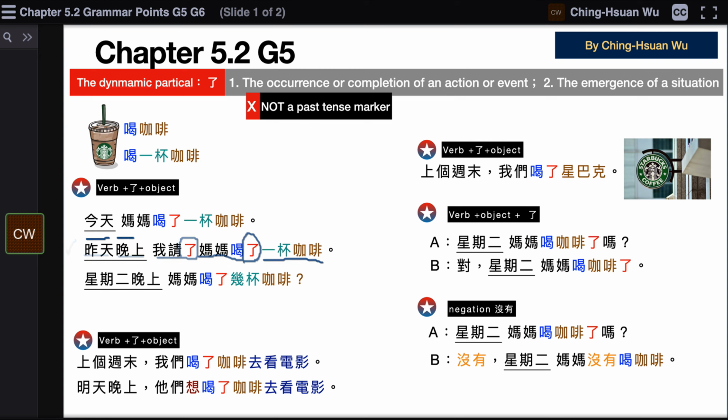Yesterday evening, I treated mother to drink a cup of coffee. Le, again, is placed right after the verb. And there's another clause here. Le is also placed right after the verb.